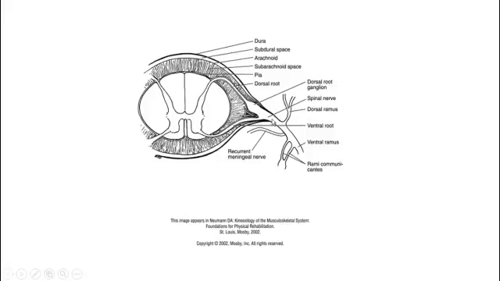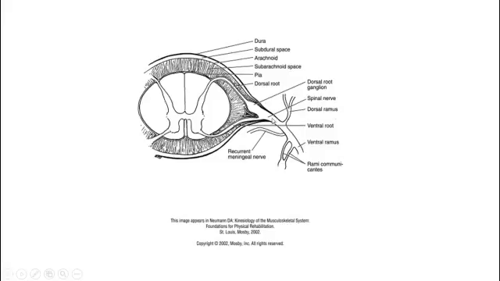Again, the spinal nerve here has both motor and sensory information. Now let's go past that a little bit, and the spinal nerve splits. It splits into an anterior or ventral ramus, and a posterior or dorsal ramus. The word ramus means branch.